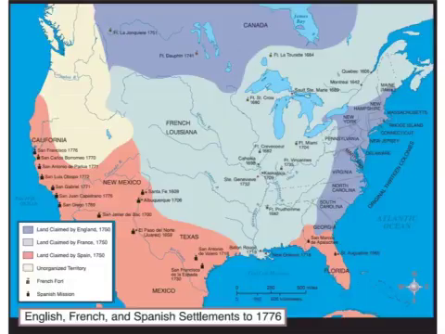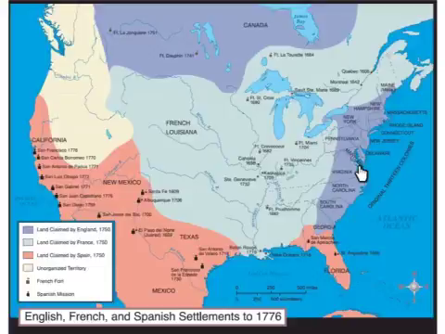So once again, by the early 1600s, you have 3 major outposts, although this map shows you a lot of later settlements as well, established by 3 major empires. One by the English at Jamestown in 1607, one by the French, established at Quebec in 1608, and one by the Spanish Empire, established at Santa Fe in 1610.